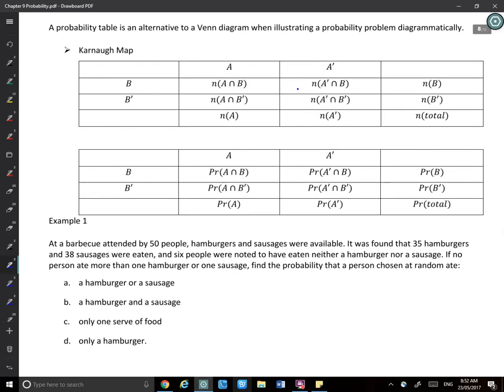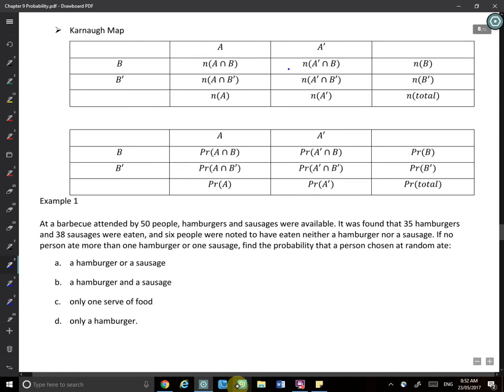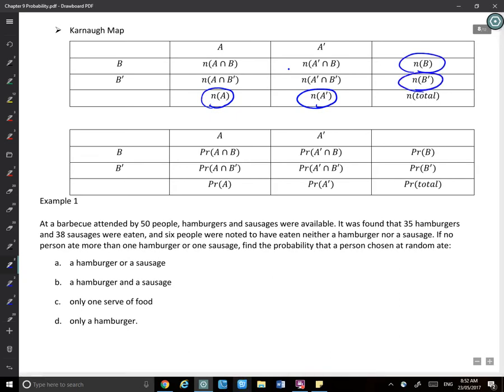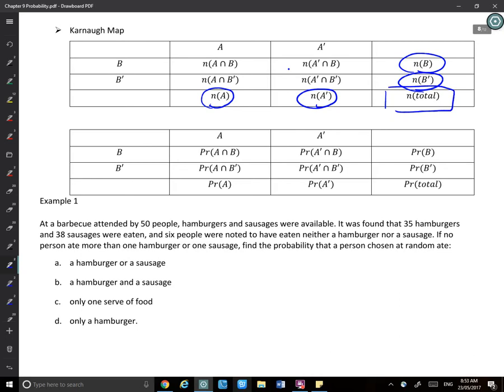This table can represent numbers, and it can also represent probability. So you have two events: A and A dash, B and B dash. The last row and column represent the total number of A, A dash, B and B dash. The bottom right corner represents the overall total, how many students you have.